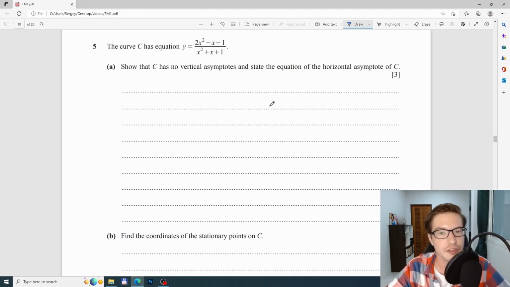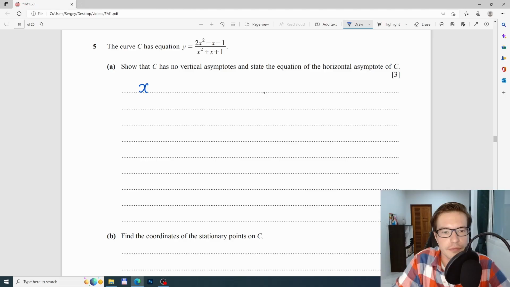All right, next question is about graphs. The first one, I will have to show that the curve has no vertical asymptotes. Okay, so how can we find vertical asymptotes? They appear if we divide by 0. So basically that means that x squared plus x plus 1 must be equal to 0 to find the vertical asymptote. Okay, that's quadratics. Let's find x.